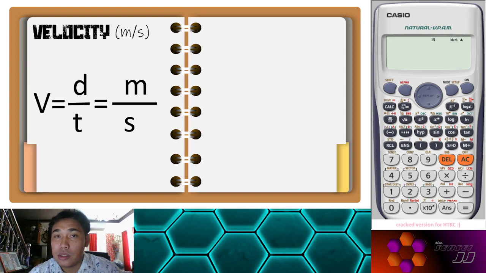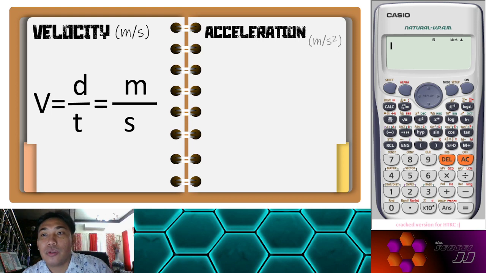That's why I said a while ago that velocity is measured from one point to another at a given time. Next, we have the acceleration, which is measured in meters per second squared.